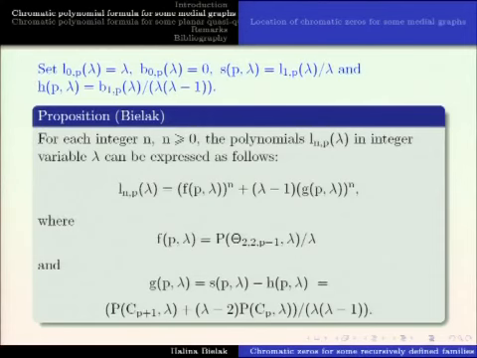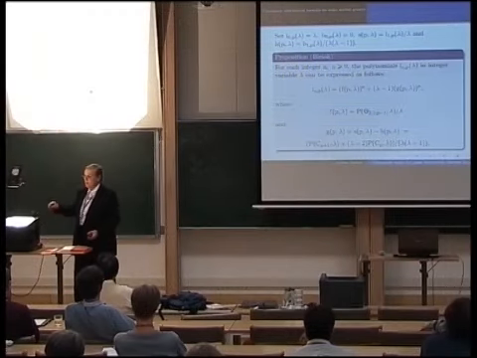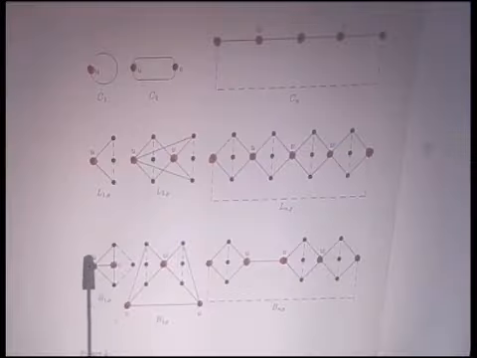If we set some notation, here is s sub p of lambda, this function, h sub p of lambda is this function. B sub 1,p is the chromatic polynomial of these small cases for this kind of graph.